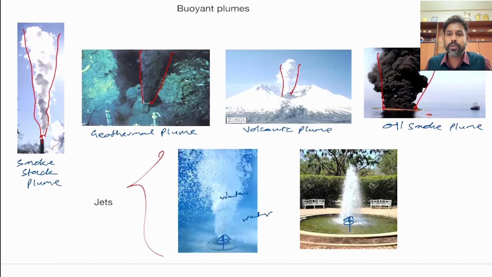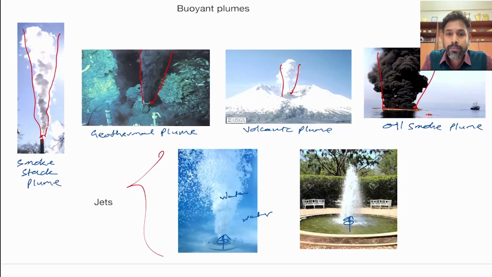So basically there is no density difference between them, but there is a momentum difference. The injected fluid has higher momentum, higher velocity, and that's why it rises up. Likewise, in case 2, now there is a density difference, but you will notice that this is water that is going up in air. In fact, water is heavier than the air, but still it is going up, right? And that is happening because it has momentum, it has higher velocity.